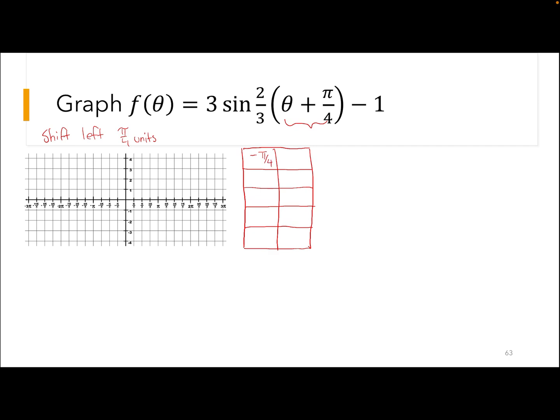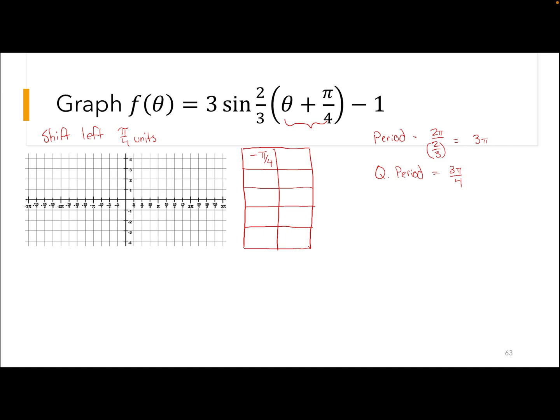So next we need to find our period, and that's going to be, so our new period, I'm pretty sure we did this on the other slide, is 2 pi divided by 2/3. Yeah, we did do this. So that's going to give us 3 pi. So now our quarter period is going to equal just 3 pi divided by 4.